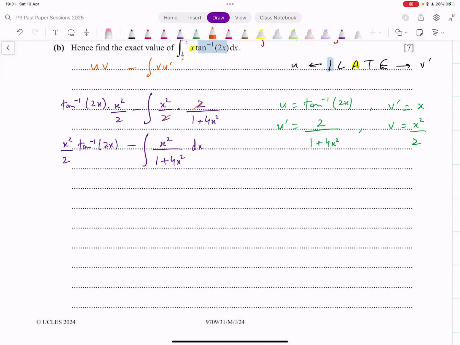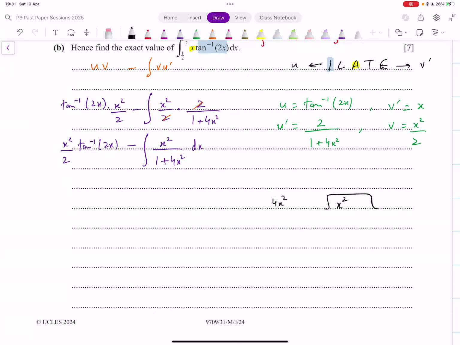It's an improper fraction. X squared, it's an improper fraction. What do we do with improper fractions? We break them into quotient plus remainder over divisor. So we do division. Let's do that division. X squared divided by 1 plus 4x squared. Let's write that in the proper order.